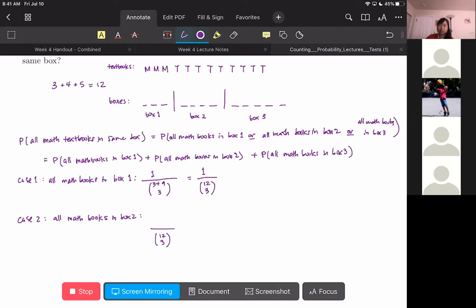Could it be 5 choose 3? Why is that? 4 choose 3 because there are 4 capacities and you need to put 3 books. Will it be 12 choose 4?